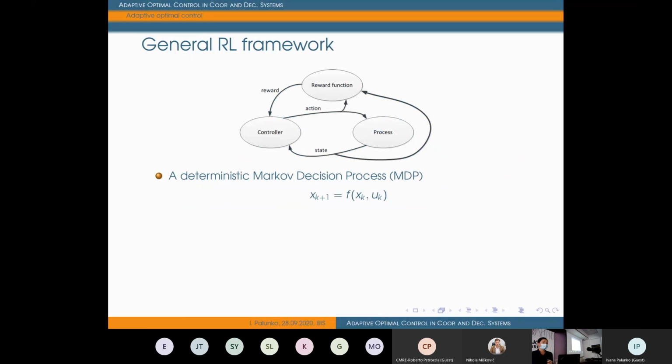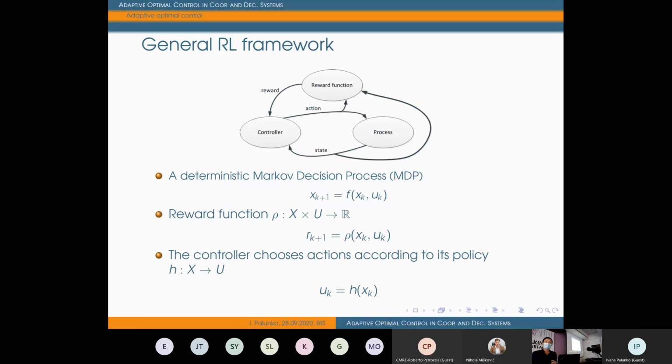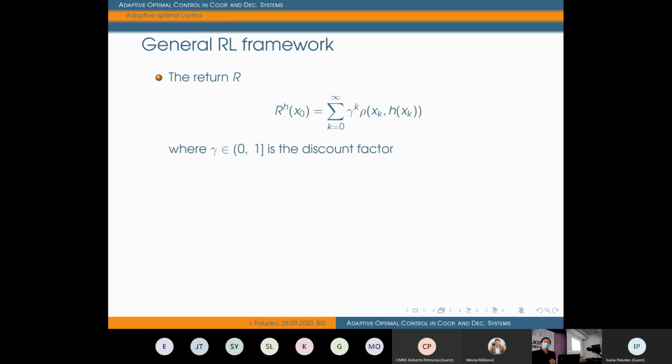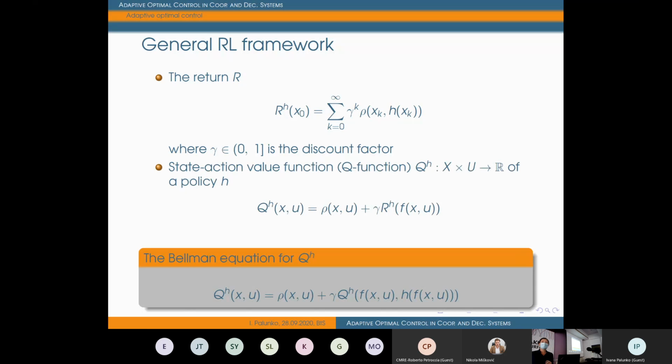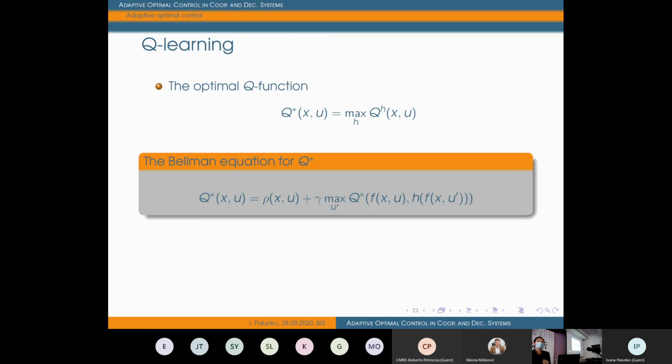So if you have a deterministic Markov decision process, a reward function, and a controller that can be a function of the state and the return, then you can solve it by accumulating Q through the Bellman equation. The trick is how to construct this optimal Q, from which you can construct the controller, which is not trivial.